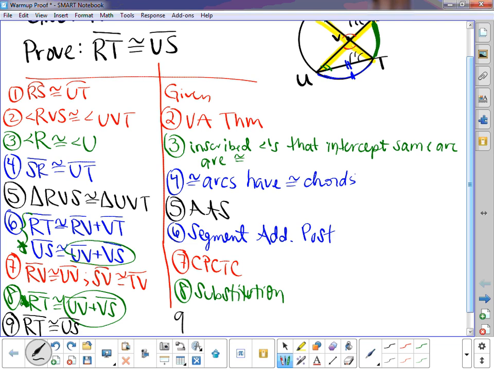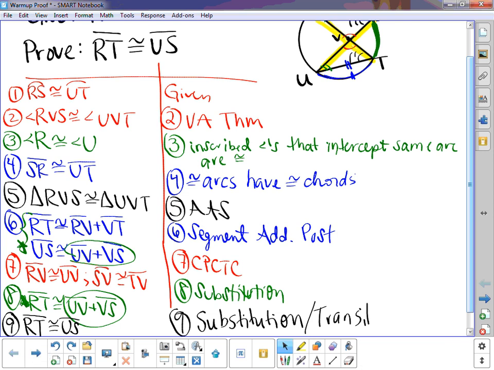Substitution. You could also say transitive since we are replacing the entire thing. So substitution or transitive. Nine steps.